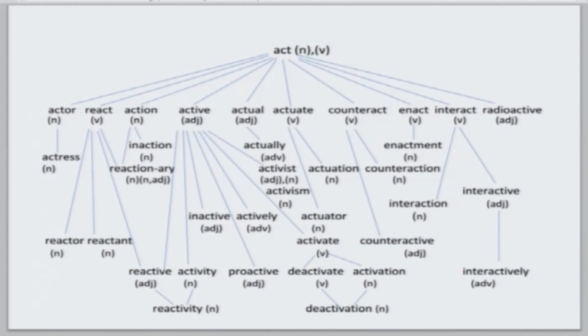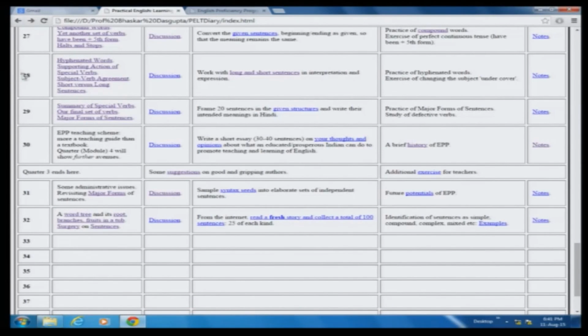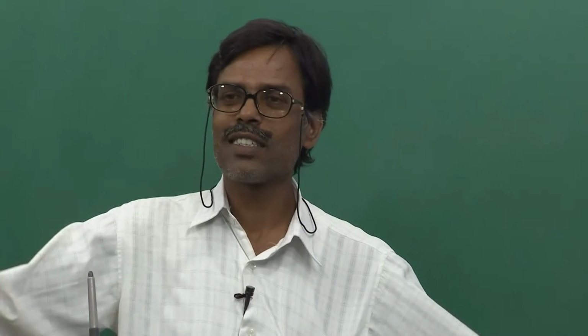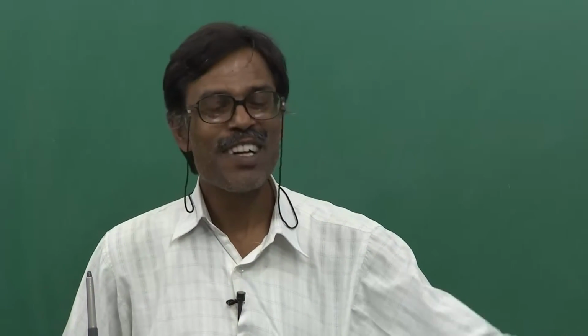Even if you submit a list of words in this manner, we will be equally happy. If you say that you do not have time to nurture the entire tree and you do not have the space to keep the tree, you do not have a garden, fine, you take the root and the branches and the fruits of the tree and keep it in a tub, we do not mind that.